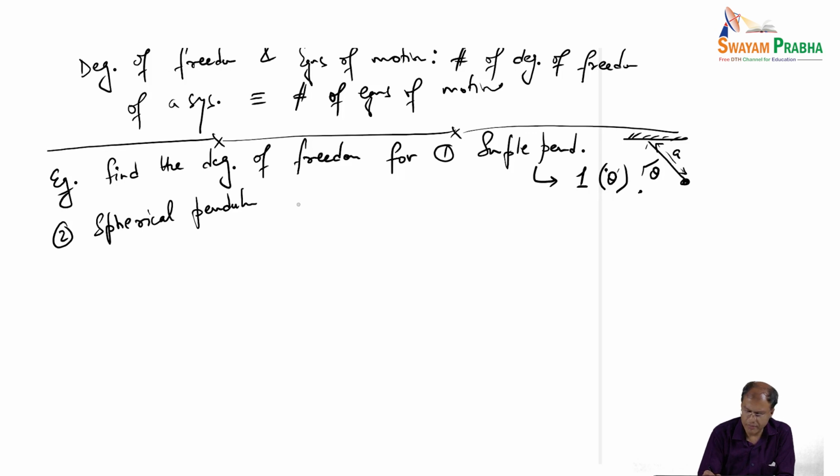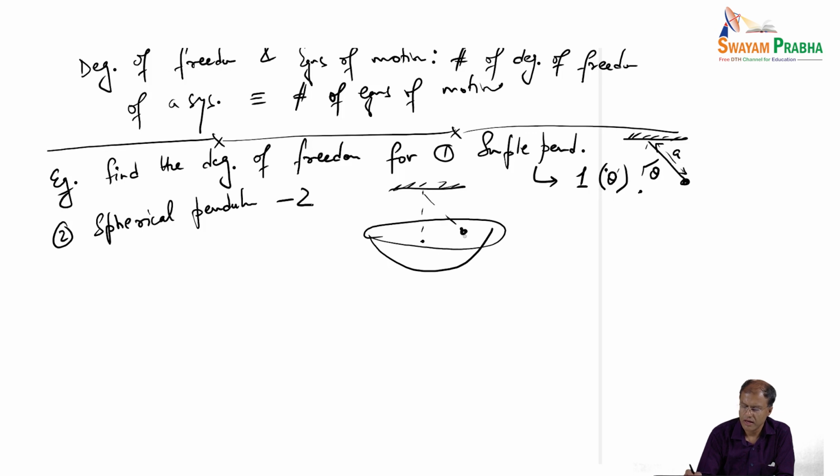In the case of spherical pendulum, we have two degrees of freedom, because this time the pendulum is moving on the surface of a sphere, a spherical shell. So we will have two angles theta and phi. And then how about the case of a door swinging on its hinges?